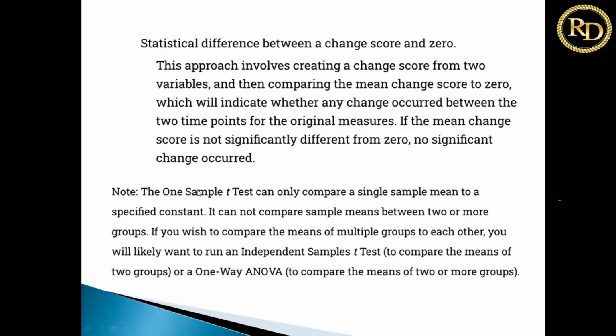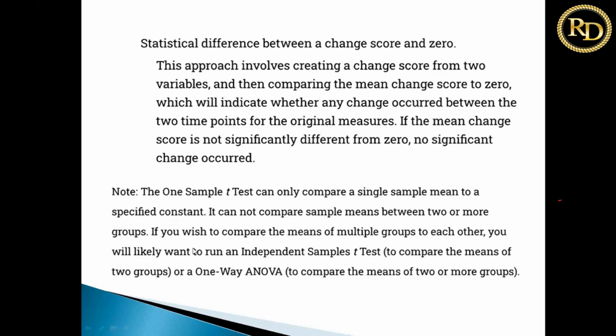There is a note for the one sample t-test: it can only compare a single sample mean to a specified constant. That is a constant mean, or sometimes we call it the hypothesized mean. So it cannot compare sample means between two or more groups.